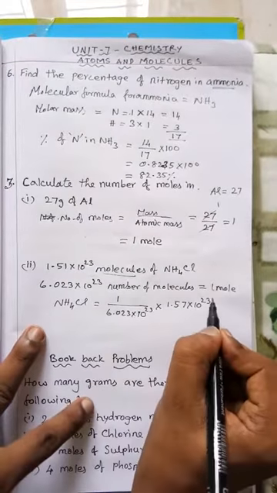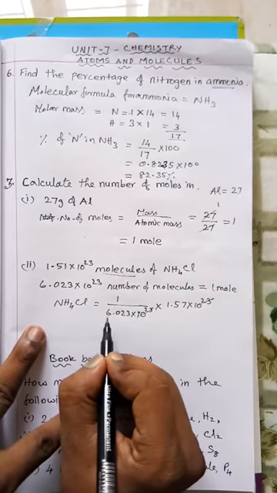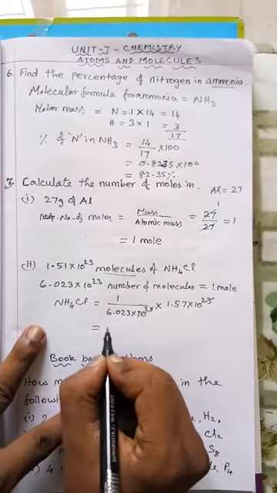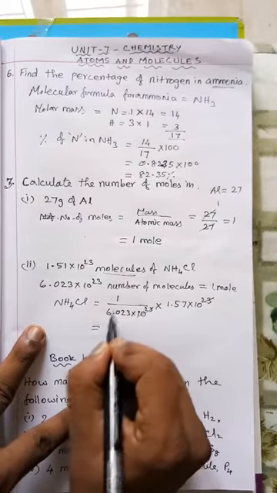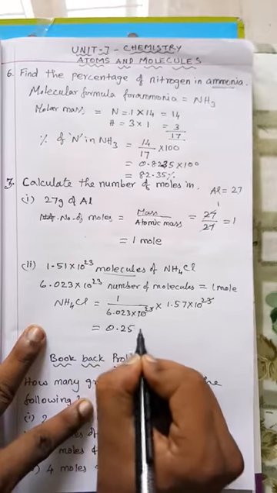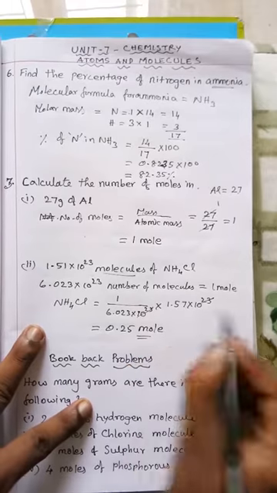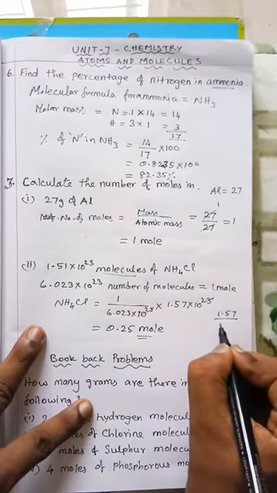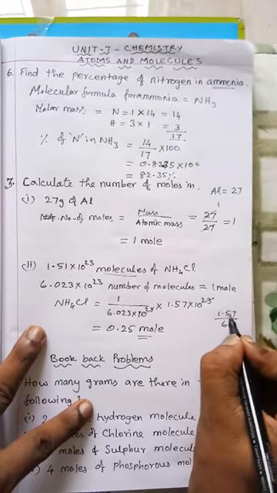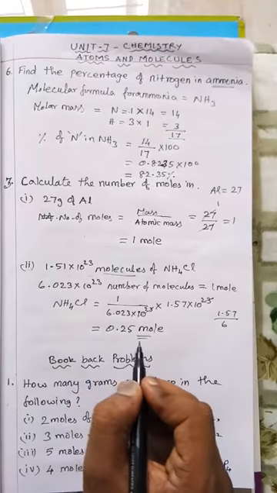Here 10 to the power 23 cancels. 1.57 divided by 6.023, you will get nearly 1.5 divided by 6, which gives 0.25 mole. Better you take 6. So 1.57 divided by 6 gives 0.25 mole.